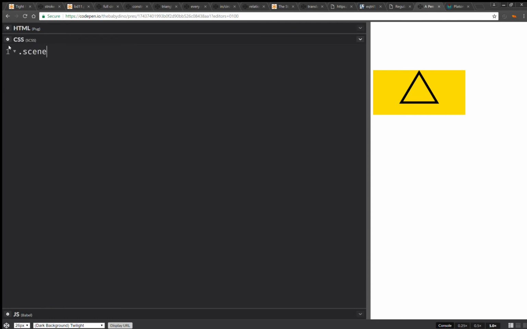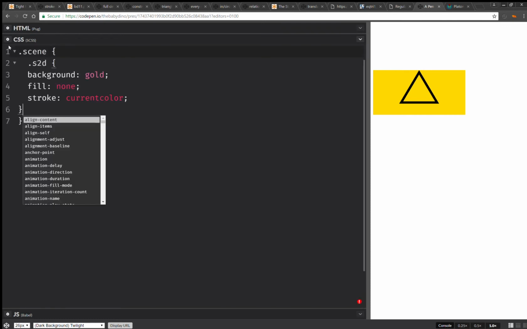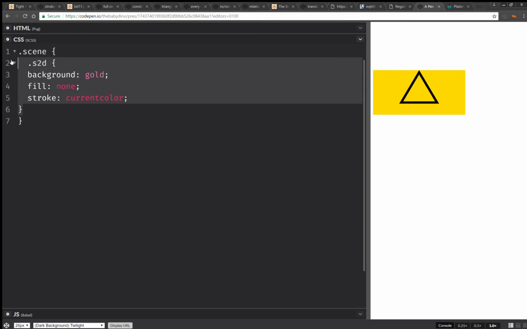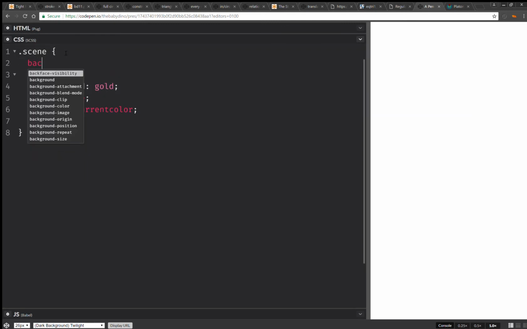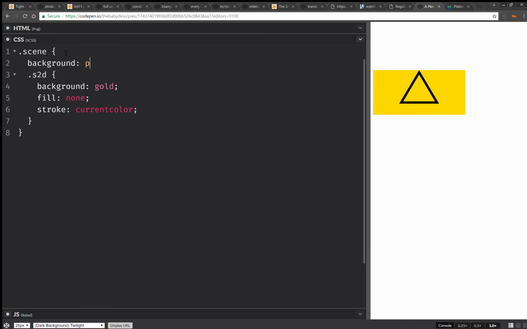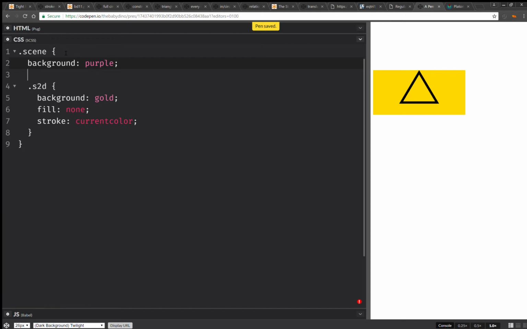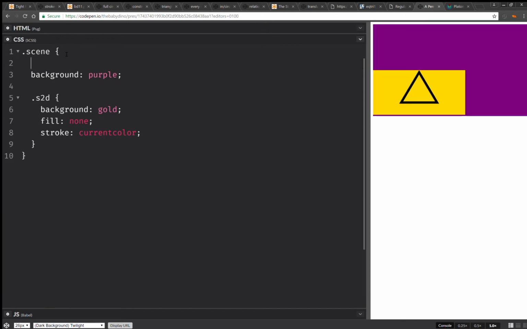So we're going to have scene, and we're going to give it background purple just so that we can see it, and we're going to give it some dimensions. So we're going to have scene width. Let's say we make it cover the whole viewport.